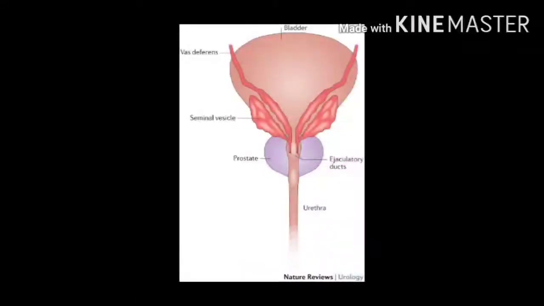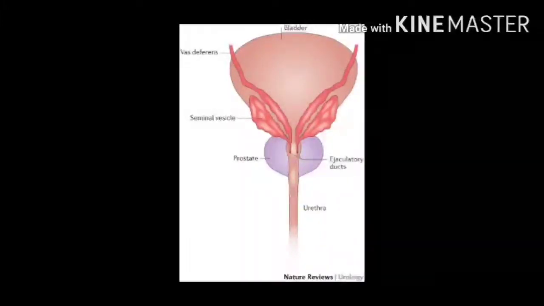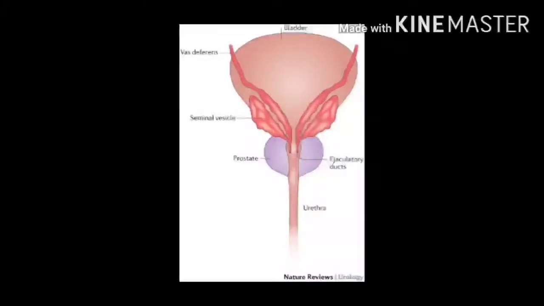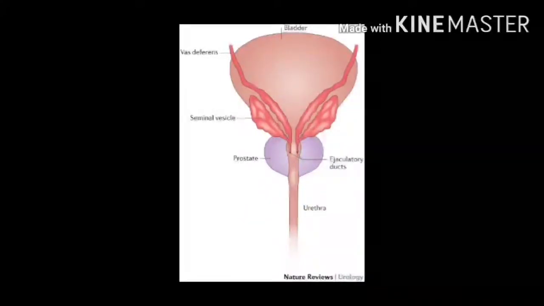And this urethra is the common passage for urine and semen. Means it carries urine also, it carries semen also. That's why it is known as the urinogenital duct. In the male's body, this urethra is long and extends through the penis, and it opens to the outside by an opening called the urethral meatus, or it is known as the urethral orifice.